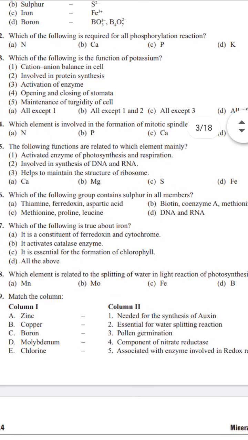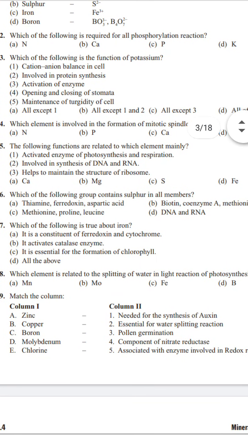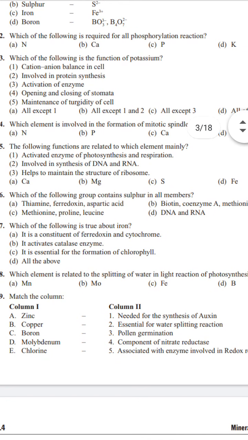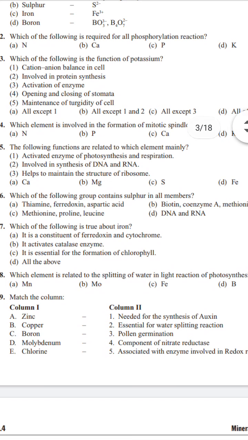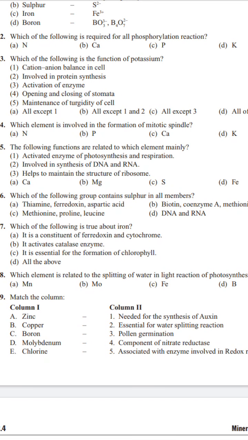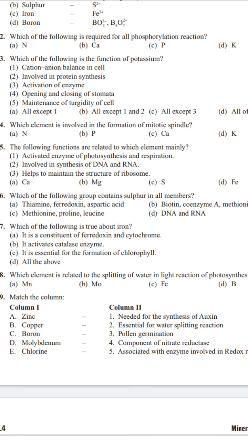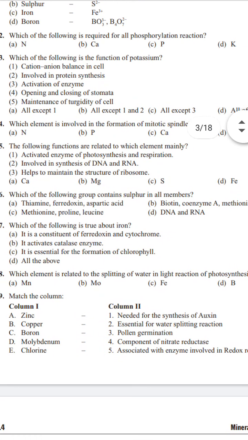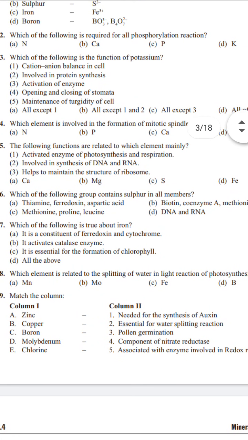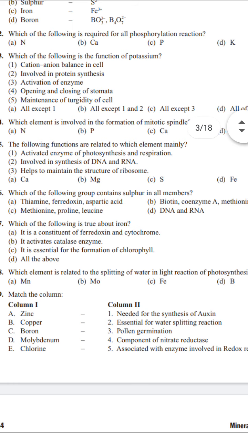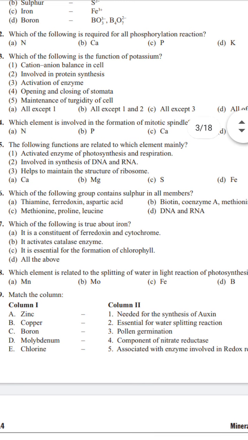So students, this one we already had a discussion. Now let us discuss briefly about this question. As we learned in the previous class, plants obtain sulfur in the form of sulfate, SO4 2-.